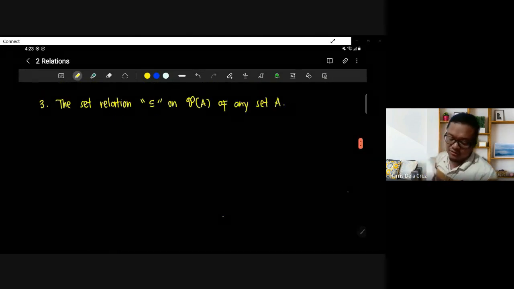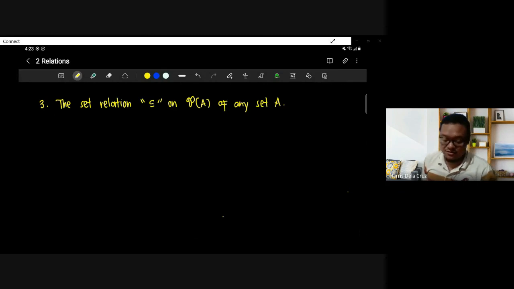Another relation, the subset relation. If you have the collection of all subsets of A, or the power set of A, then you can look at the relationship of this collection of sets.